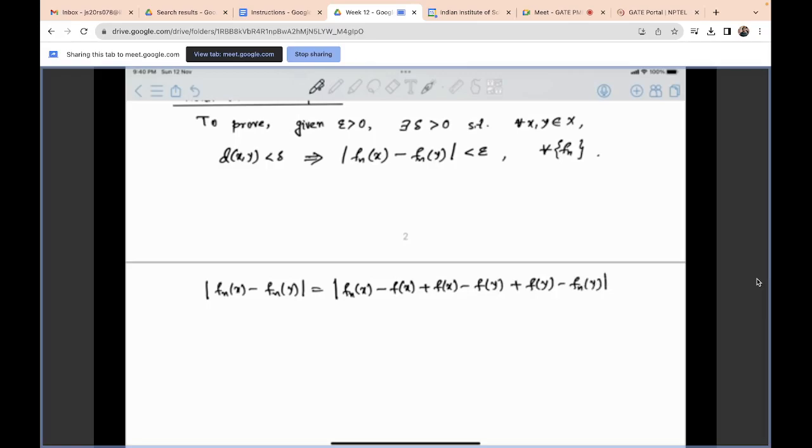So what I have done is just add and subtract f(x) and f(y). Now I will use the triangle inequality: |fn(x) minus f(x)| plus |f(x) minus f(y)| plus |f(y) minus fn(y)|.